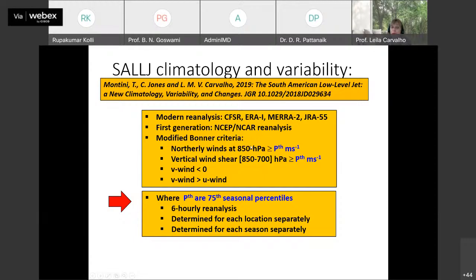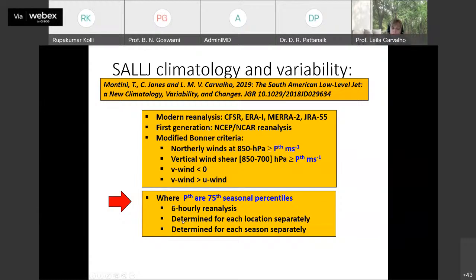We modified the Bonner criteria to be adapted to South America, because this criteria is very tuned to the jets that are being studied in the northern hemisphere. So we used similar: we are using winds, wind shear, but we are also using percentiles of the winds. Instead of using thresholds, we use percentiles. We use 6-hourly reanalysis.